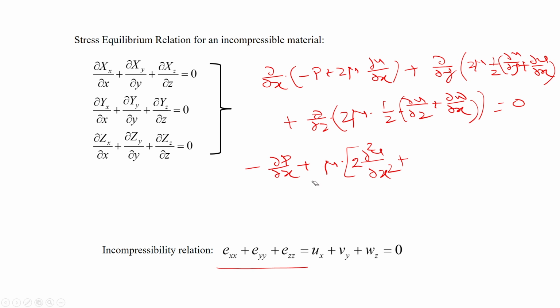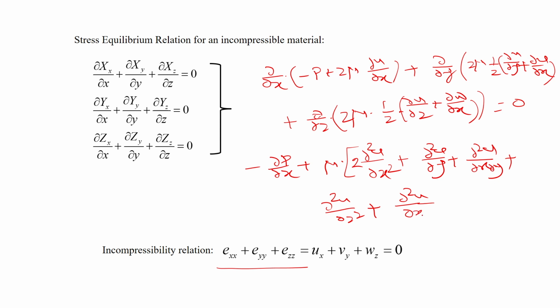So, 2 del square u by del x square, plus del square u by del y square, plus del square v by del x del y, plus del square u by del z square, plus del square w by del x del z, like that.